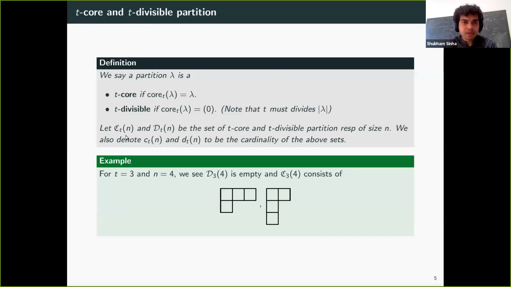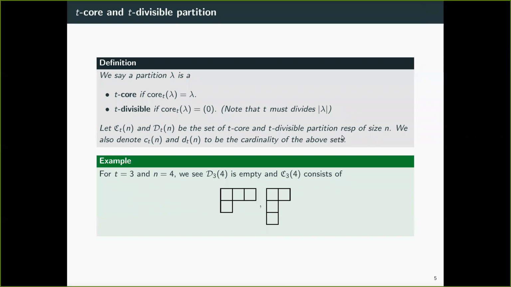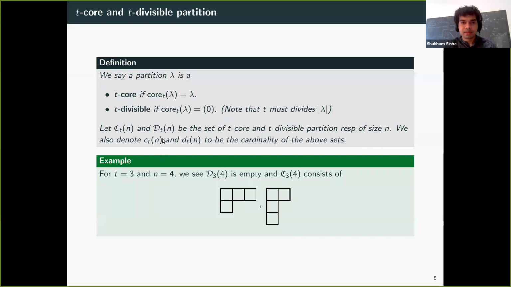And we denote by calligraphic C_T(n) and D_T(n) the set of T cores and T divisible partitions of size n respectively. And we'll denote by small c_T(n) and small d_T(n) the cardinality of the above sets.